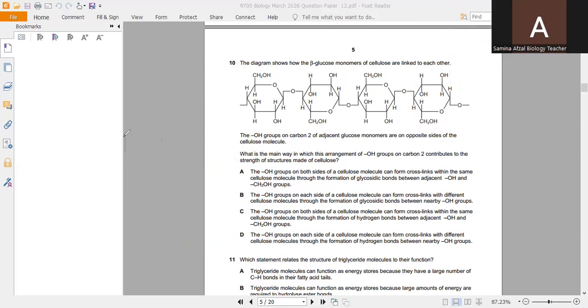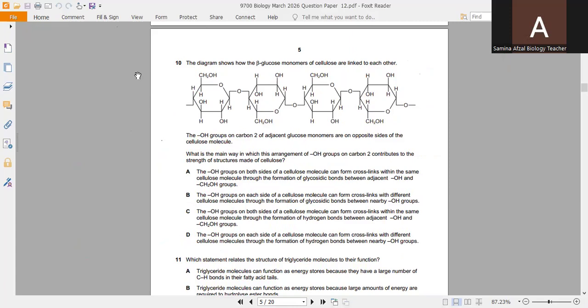Here you can see the question says the diagram shows how the beta glucose monomers of cellulose are linked to each other. They have given us a chain.